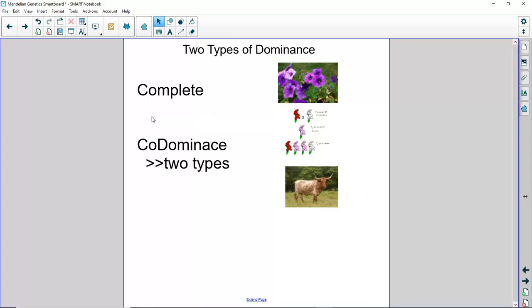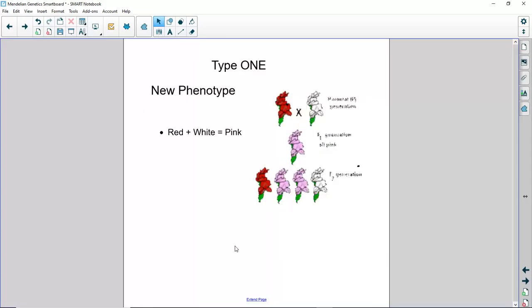Codominance, there are two types, and they're denoted here. Type 1 codominance is when the heterozygote is intermediate between the two homozygotes. So if you look here, you have a red and a white flower. It's called a snapdragon. And the red and the white give you pink. It doesn't give you red and white. It gives you pink.